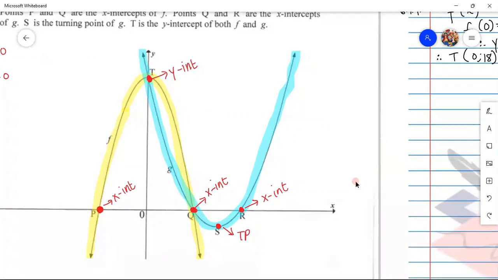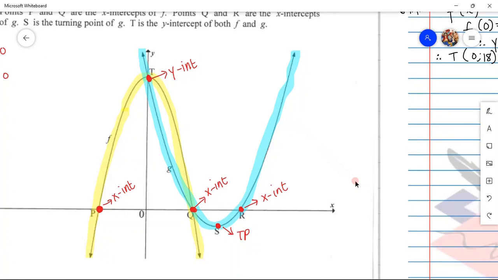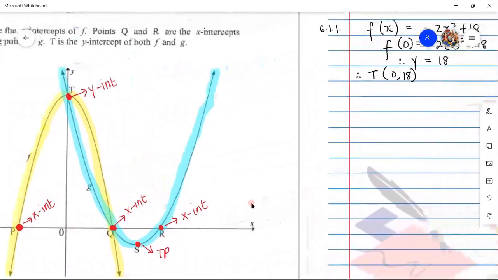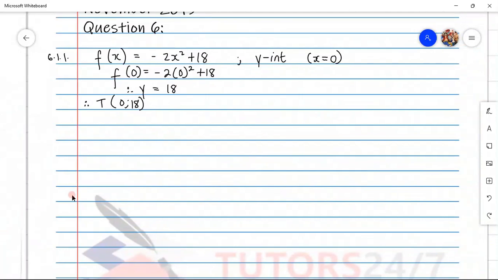So the positive x value is going to be the x value of Q, and the negative x value is going to be the x value of P. So let's try that out.